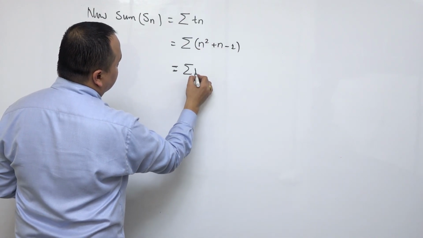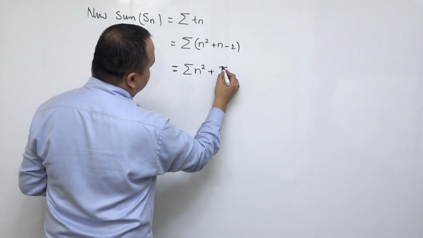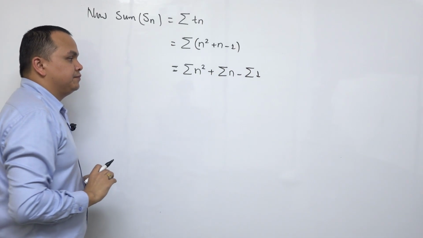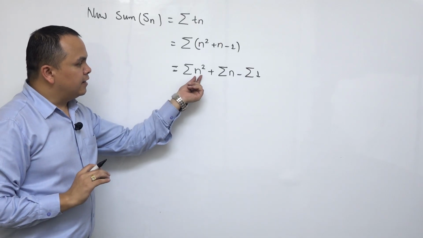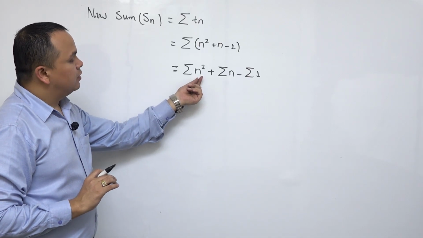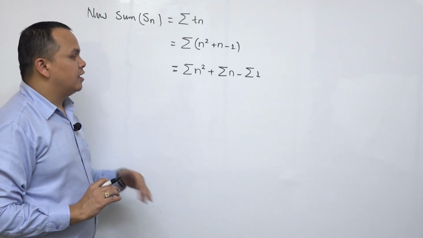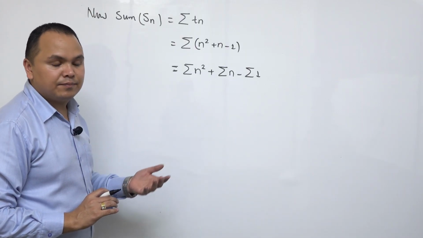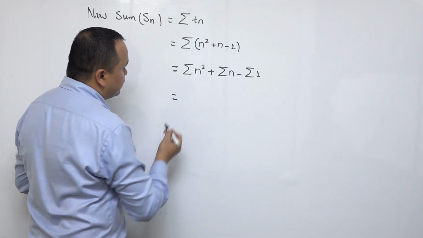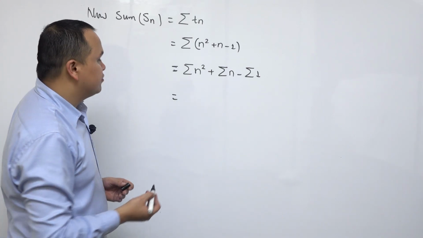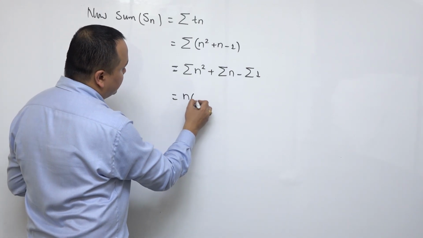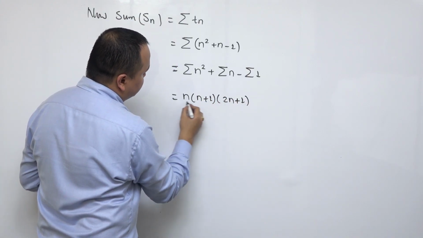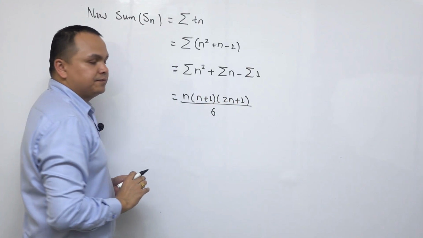Sigma n square, sigma n, minus sigma 1, where n runs from 1 to n. So you put 1 square plus 2 square plus 3 square plus ... plus n square, which is the sum of squares of first n natural numbers. We have the formula n times n plus 1 times 2n plus 1 divided by 6.